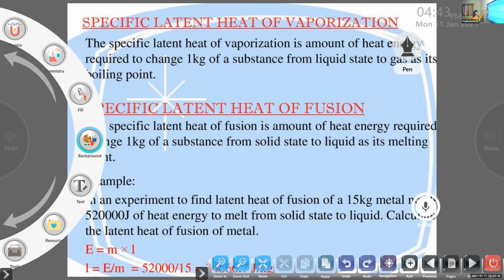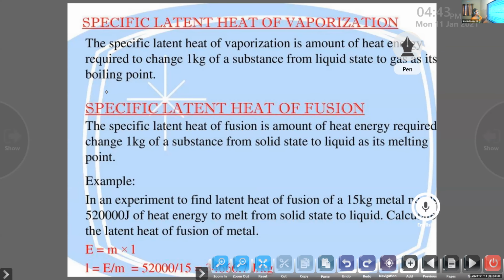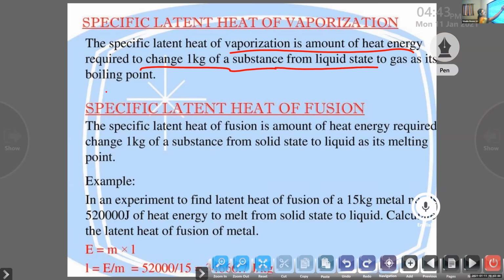The specific latent heat of vaporization is the amount of heat energy required to change 1 kg of a substance from liquid state to gas. That is vaporize. From the word itself you know it is related to vaporization.